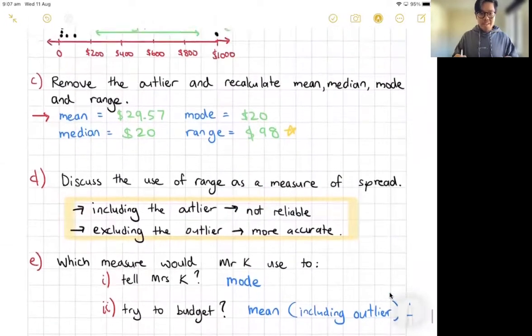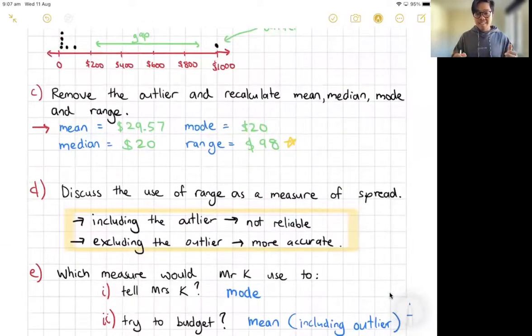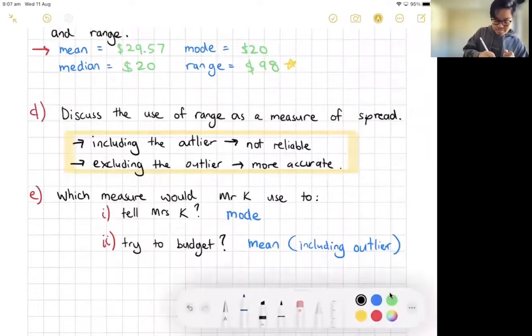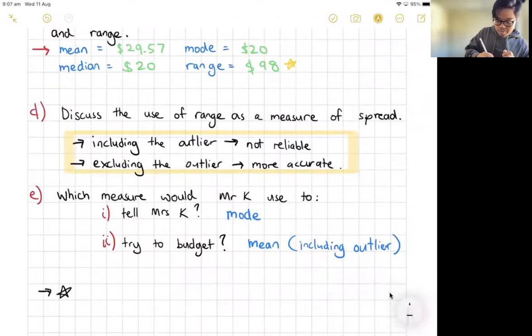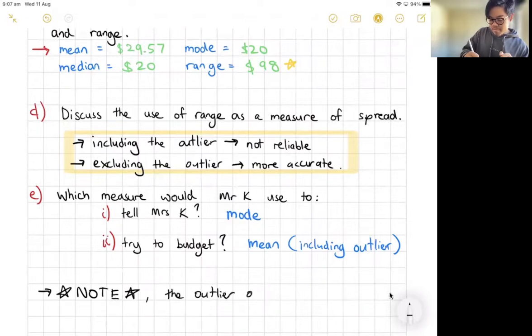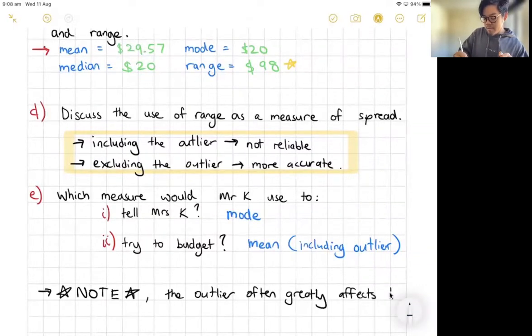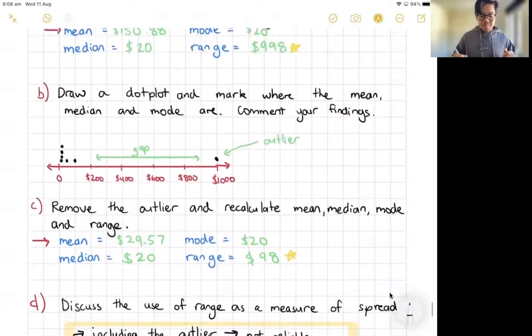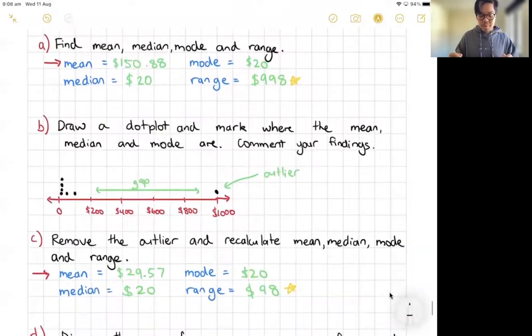Now, hopefully that is making sense, and hopefully you can see how we're starting to actually think about what we're doing. Let me write something down here. It's an important note: the outlier often greatly affects... Now if I look here, which one did the outlier affect the most?